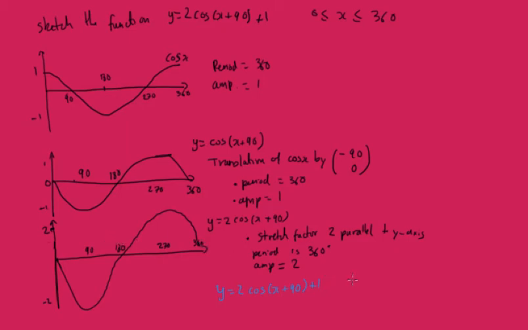So this is going to translate 2 cosine x plus 90, what we've just done, by vector 0, 1. So this will move everything up 1.